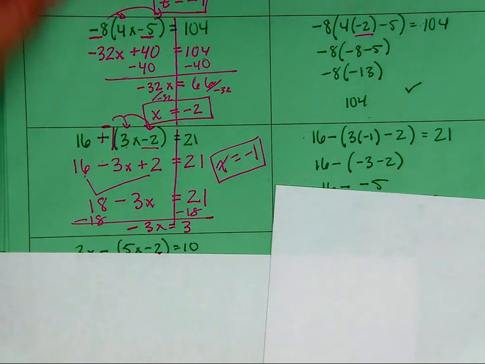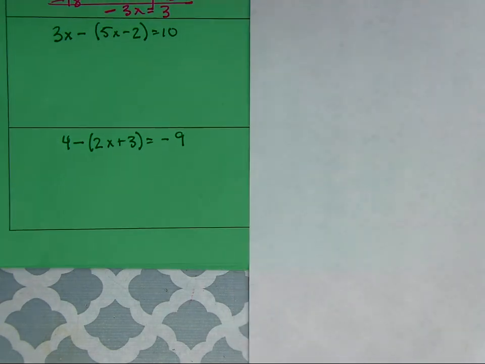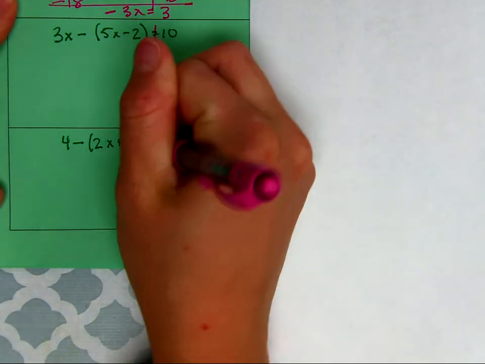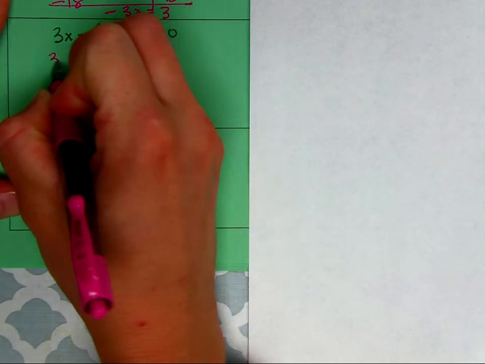Good. So 2 more. I'm going to give them both to you and let you pause and try, and then play to check your answers. So again, I'm distributing a negative 1 here.